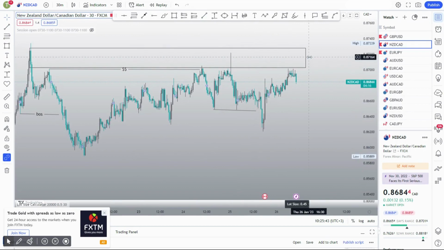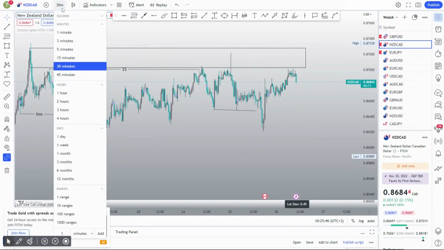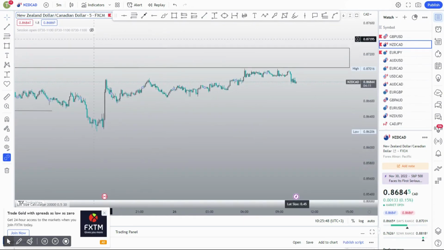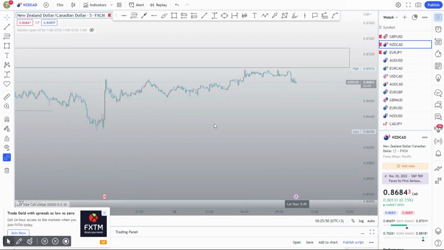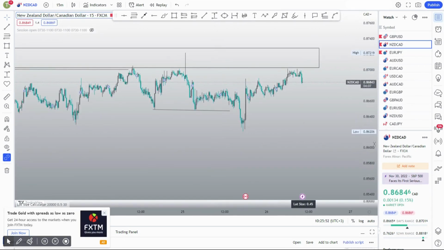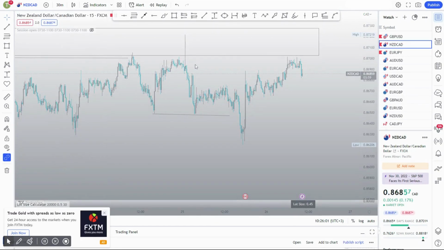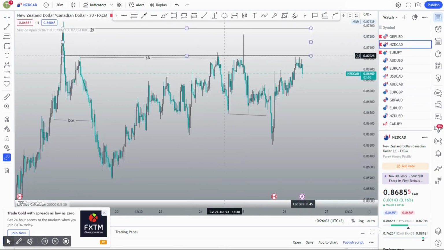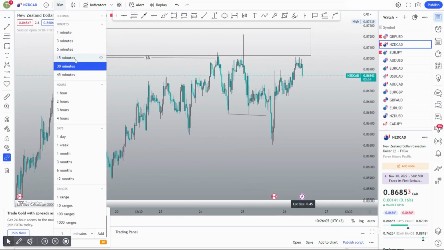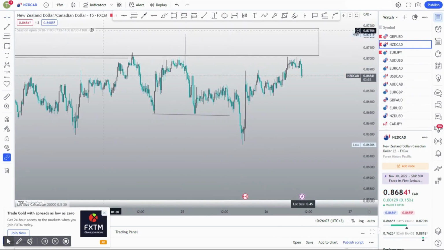We go further to the lower time frame and find an entry here. Now let me go first to the 15-minute time frame. Yeah guys, so this will be our order block here, I think, because you can see on that 30-minute time frame it is still the same one, on the 15 minutes still the same one.